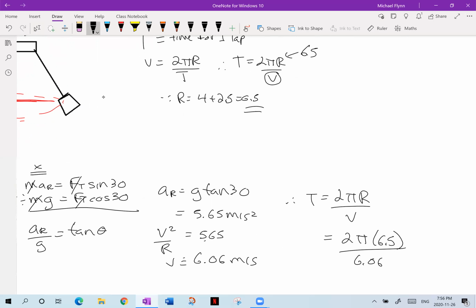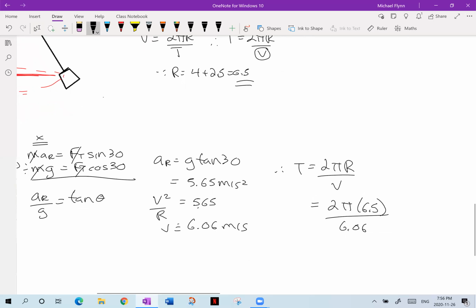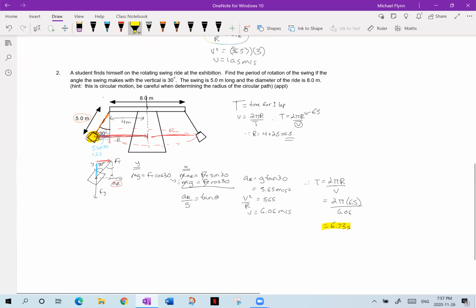Times 2 times pi times 6.5. And I get 6.73 seconds. I hope I didn't make a mistake. I go fast, so I get 6.73 seconds. And there is my answer to that question from a test.